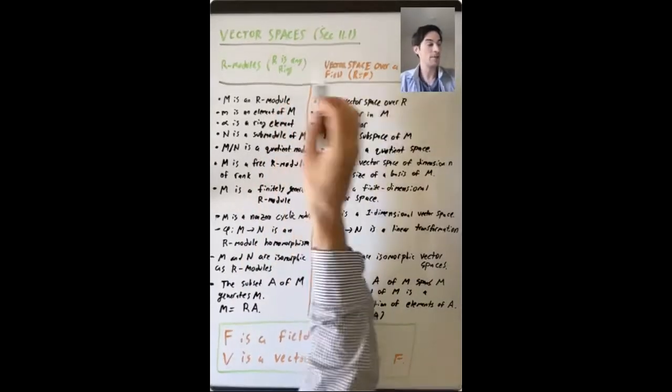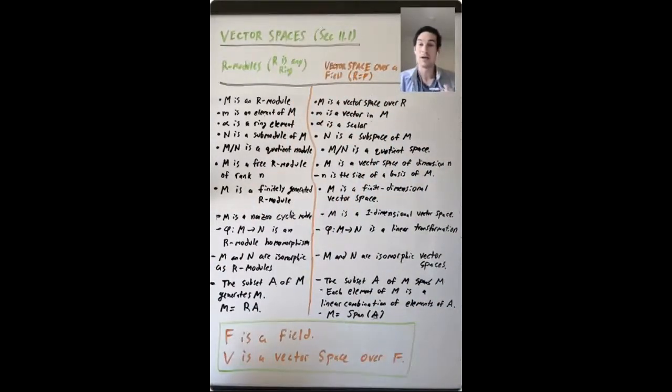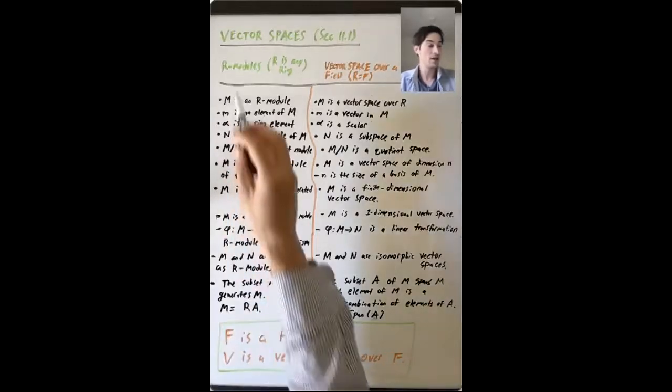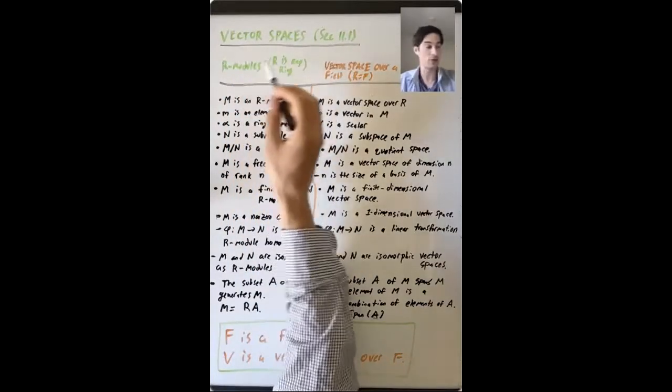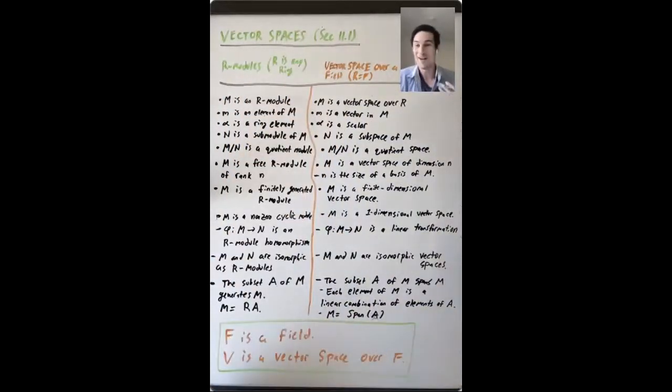This chapter opens with a chart comparing some language that we use when we talk about R modules, where R is any ring, or really, when we talked about R modules, almost always R was a ring with identity, and we were talking about unital R modules.